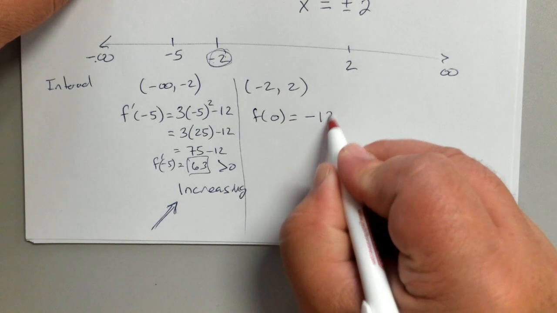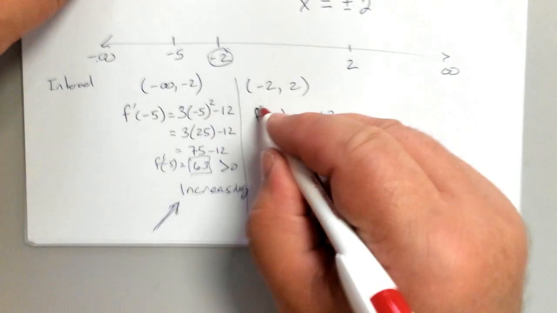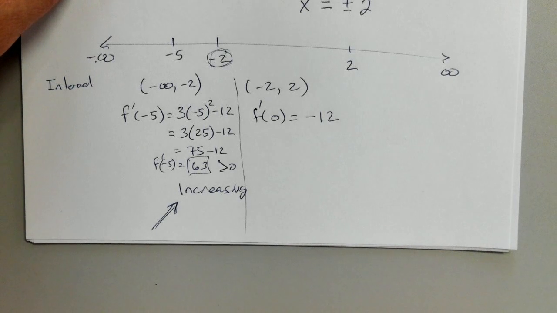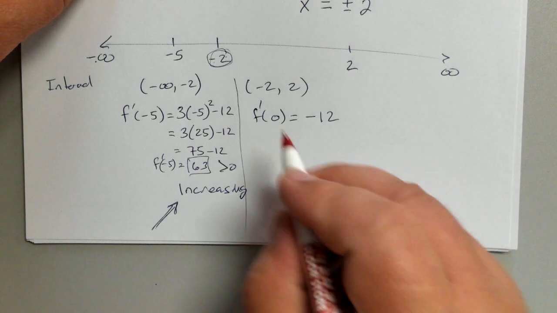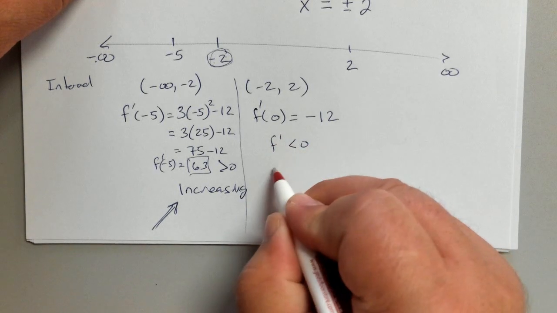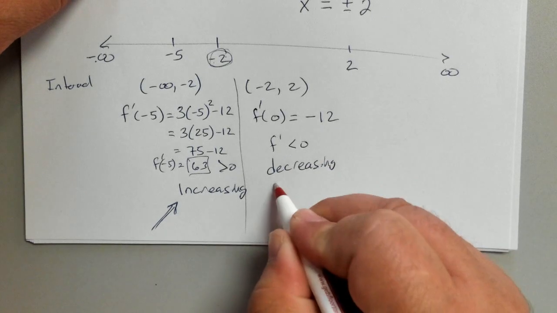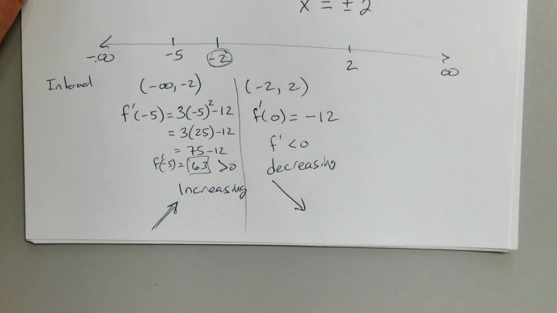So we get negative 12, your first derivative. It's negative, so it's decreasing. In that interval, it's decreasing.